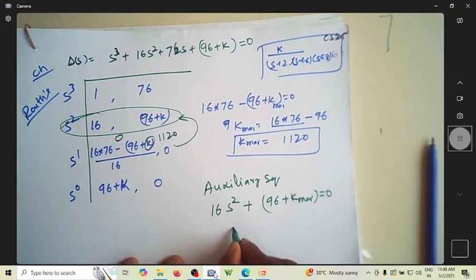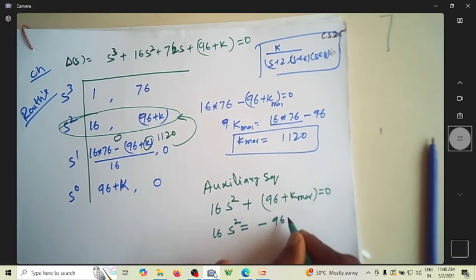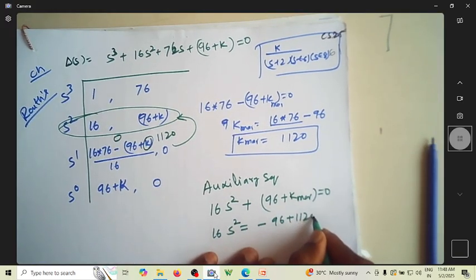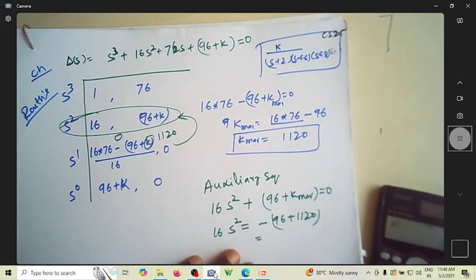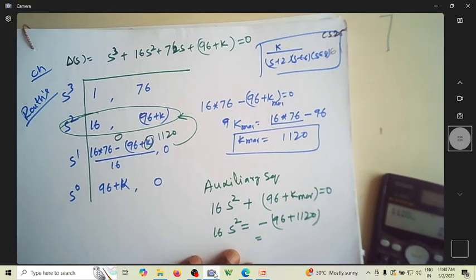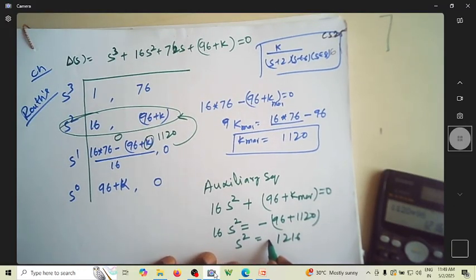Then I'll write s square times 16 equals minus of 96 plus 1120. So what is this 96? Okay, then this will become, one second, 1120 plus 96 is 1216. So s square is actually minus 1216 divided by 16.